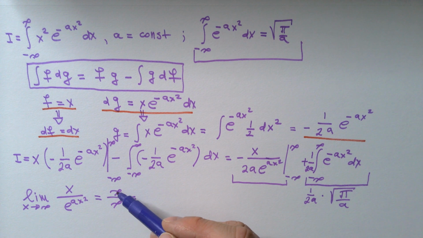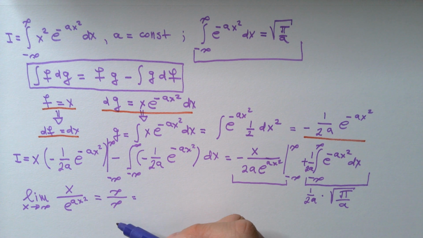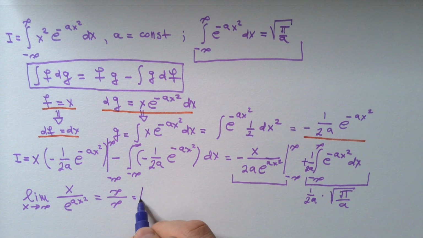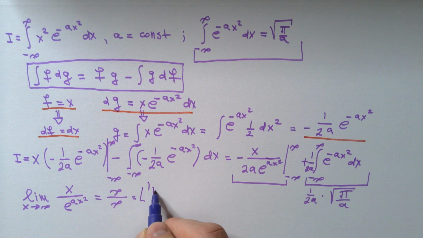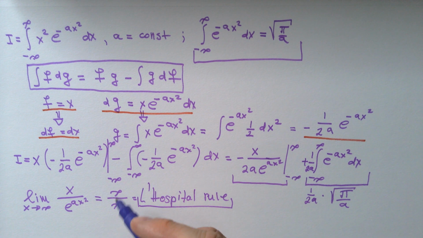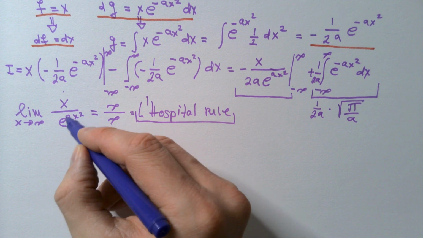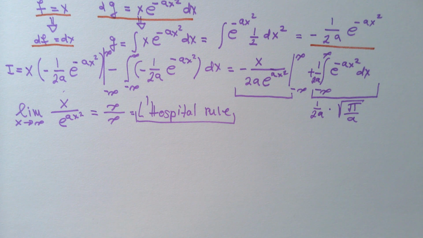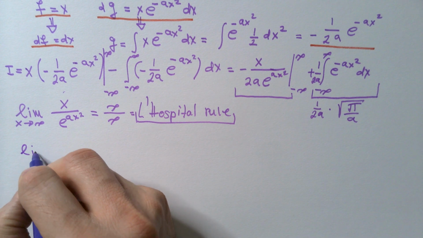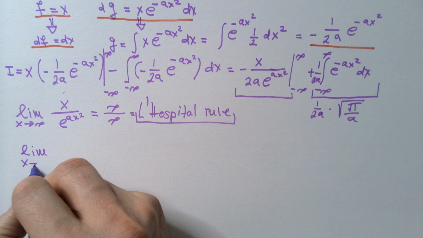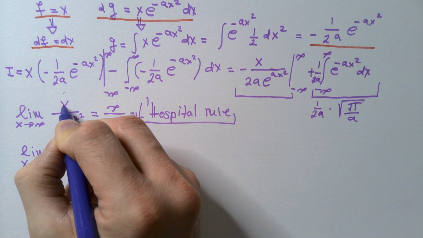And whenever you see limit infinity over infinity, you get that beautiful feeling of L'Hopital's rule. And L'Hopital's rule says, in these cases, proceed with taking derivative of numerator and derivative of denominator, and then evaluate that limit.